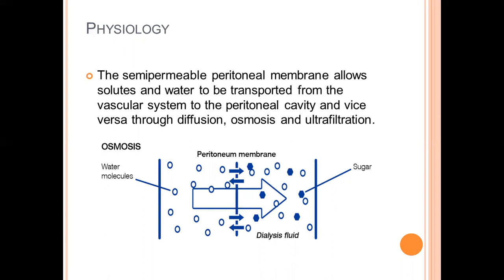In osmosis, water moves through a semipermeable membrane from the lower concentration of solute to the higher concentration area to equalize the concentration of solute on both sides of the membrane. Ultrafiltration is similar to reverse osmosis, using hydrostatic pressure to force water through a semipermeable membrane.